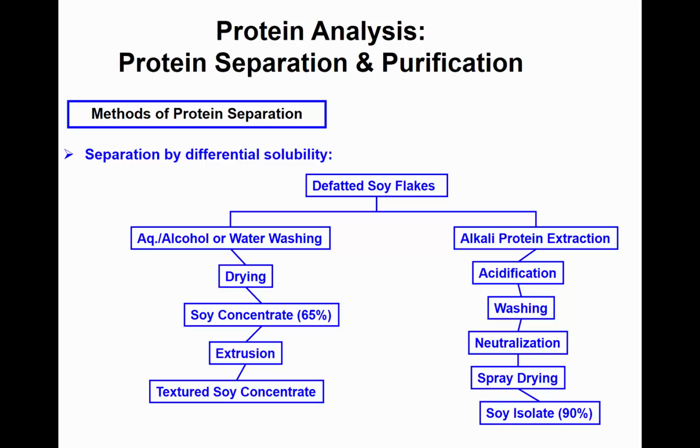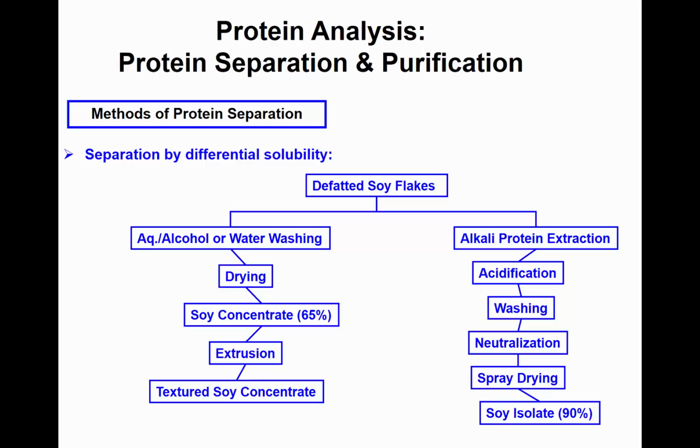Okay. So here's an example of separation by differential solubility. This is the famous example I always give because it is relatable. To produce soy protein concentrate or soy protein isolate, you start off with a defatted soy flake. You basically flake the soybeans and then defat them, and then the defatted flakes will be extracted for protein.